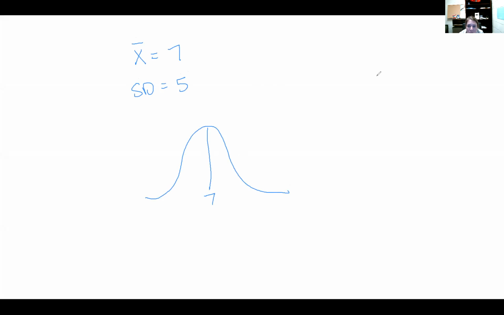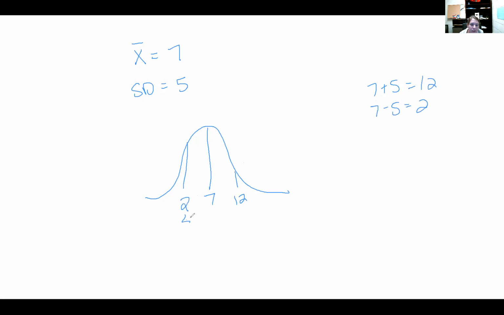If I'm going to go 5 this way, that would be 7 plus 5, which is 12. Then we go 5 this way, which means 7 minus 5, and that gives you 2.